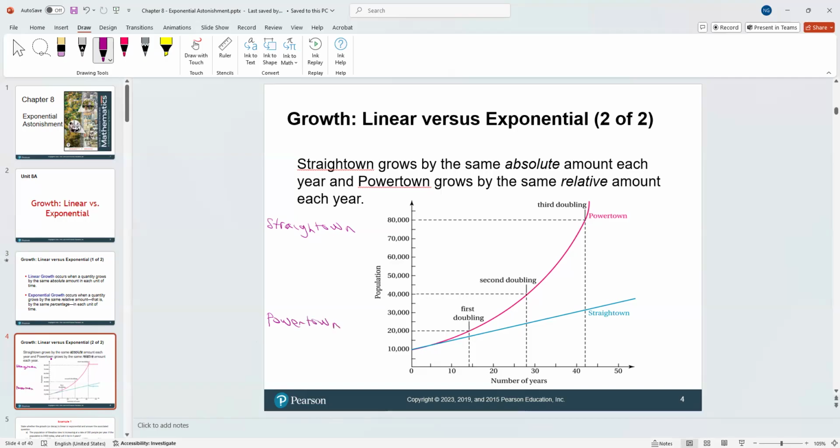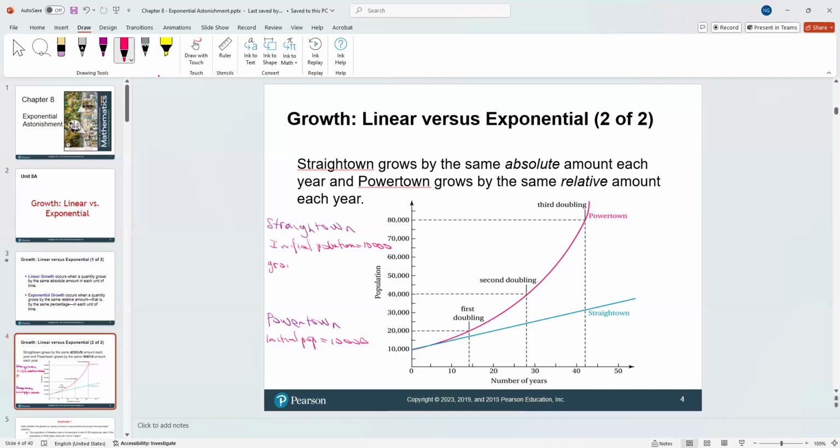Imagine these two communities each with an initial population of 10,000 people. Now, suppose the first one, Straight Town, grows at a constant rate of 500 people per year.